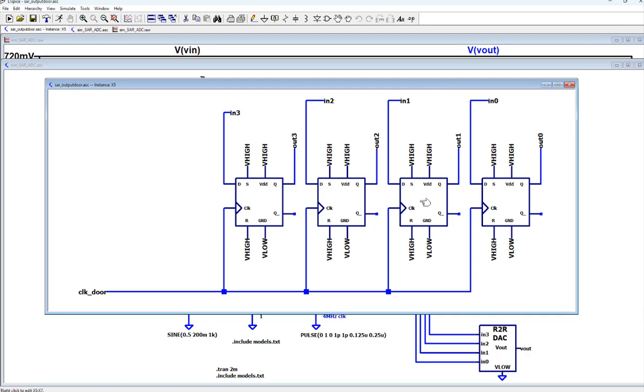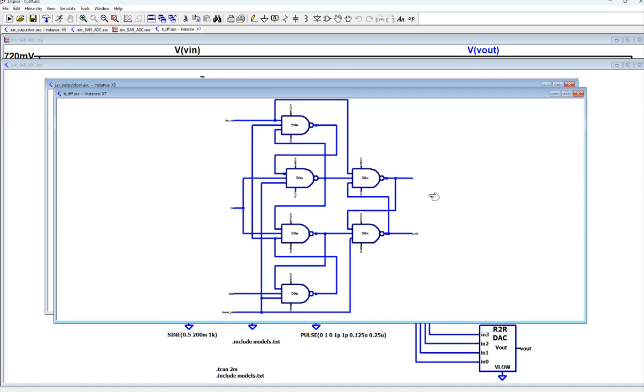Very simple. It's parallel in, parallel out. One rising edge clock is over here, and the clock's name is clock door. It's shorted and synchronized to all the clocks. One rising edge will send it out. You can see the D flip-flop is the one we did in class.